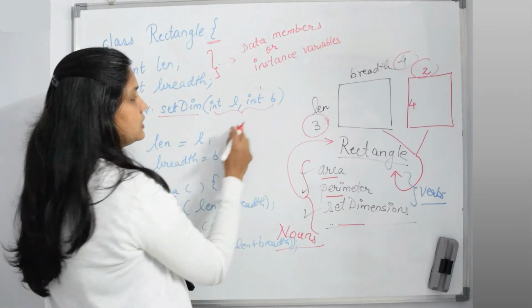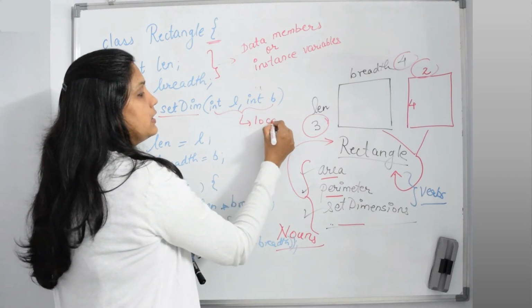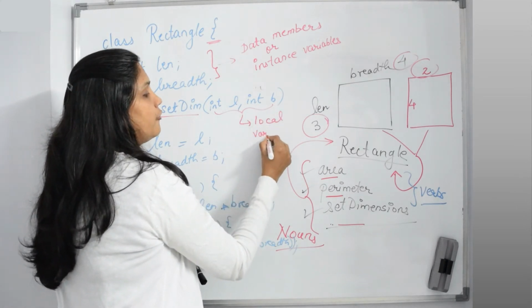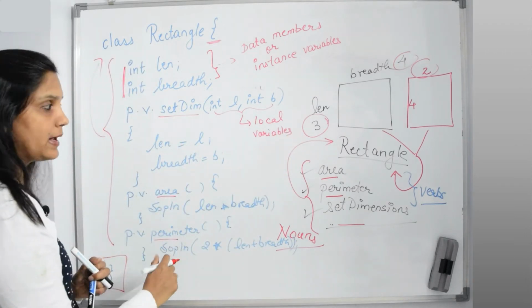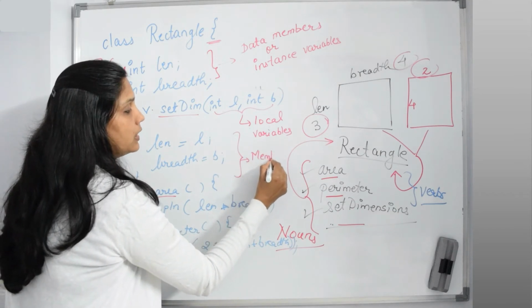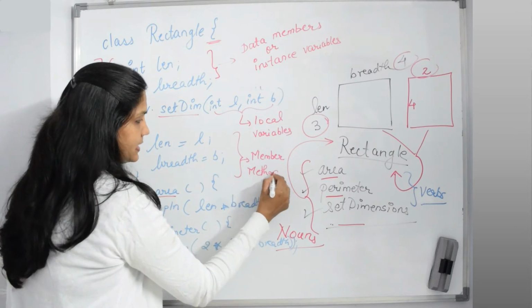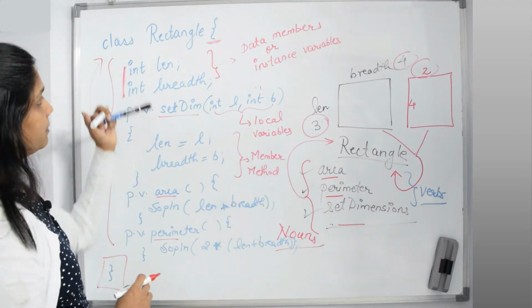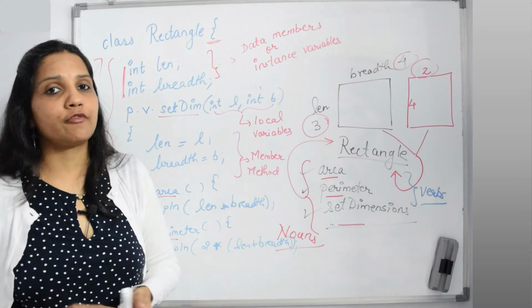These variables which you pass as the parameter of a method are the local variables, and these three methods are basically called as member method. Why? Because they are methods, yes, hence method, and they are part of a class, hence they are called as member method of a class.